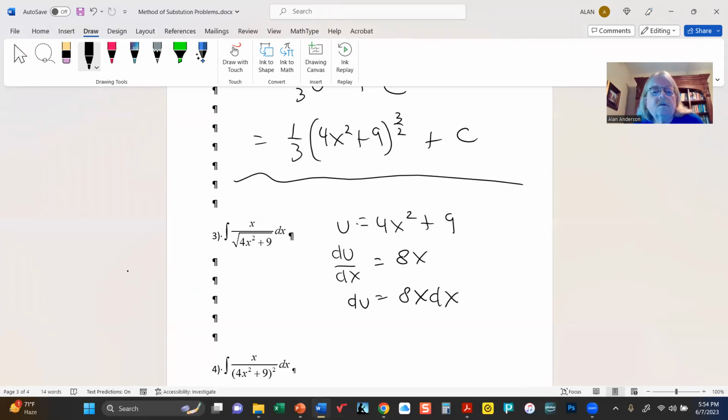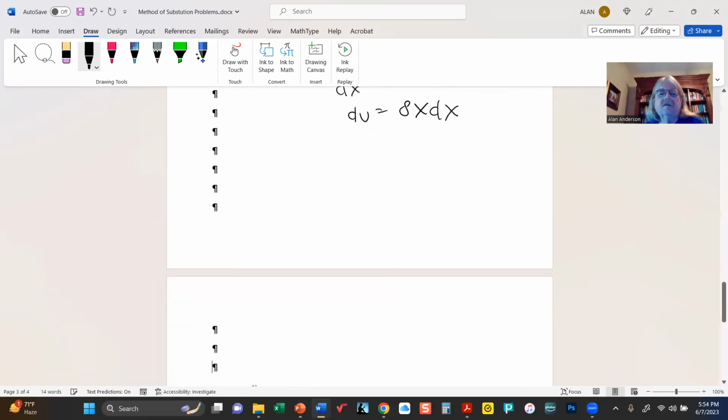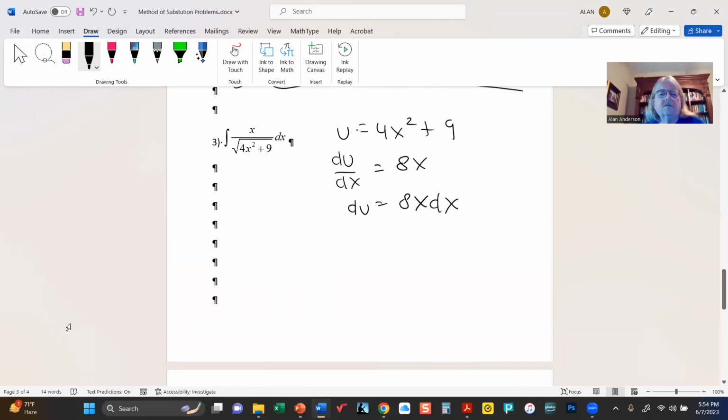Okay, so what we have here is something that first let's rewrite it a little bit. Now, because this is in the denominator, that's actually 4x squared plus 9 to the negative 1/2 power, and then we have x dx.